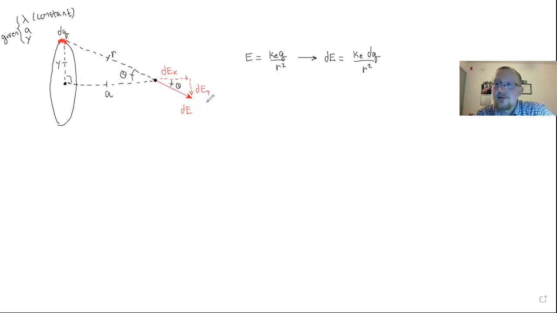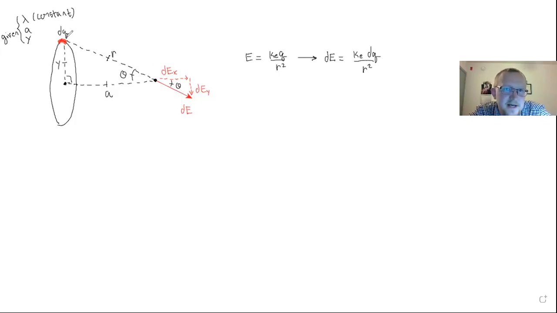The first step to cracking this problem is to define an angle theta, which is the angle between the opposite side and the hypotenuse, so between a and r. As you can see, the angle theta is also over here. I've drawn my little amount of electric field. The direction is important.